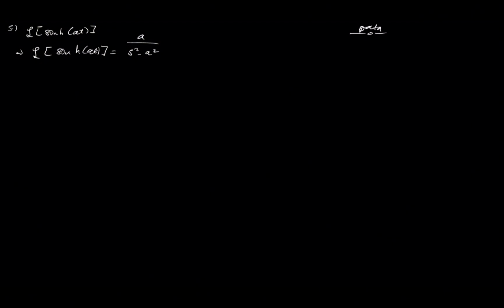The identity for sinh at is similar to the identity of cosh at. The only difference is that in this case, we're going to have a minus rather than a plus. So we'll have e to the at minus e to the minus at divided by 2.